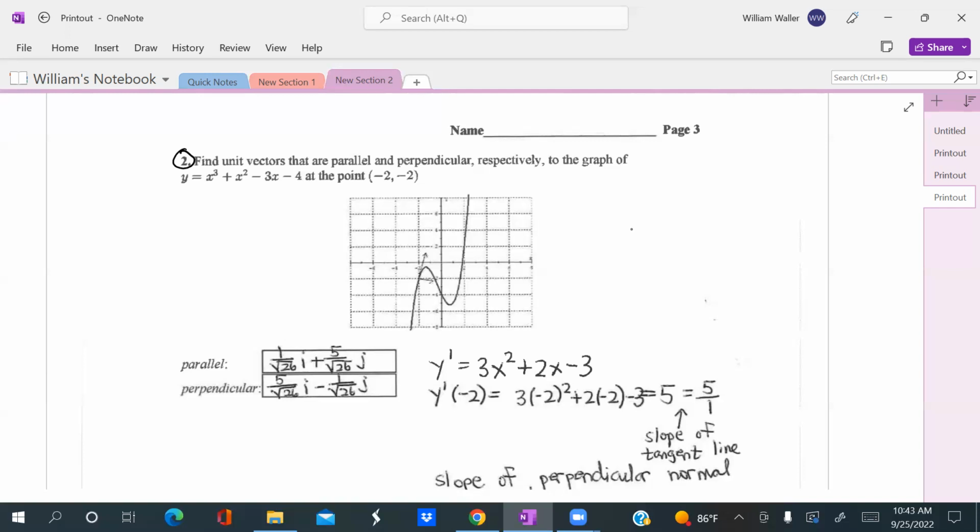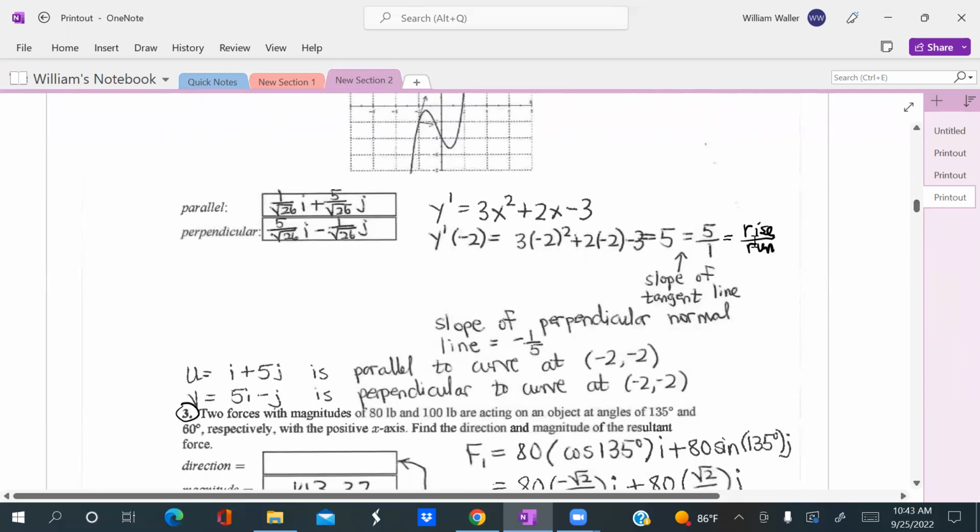Now, we can think of this value 5 as being 5 divided by 1, and that's rather informative. That tells us that the slope of the tangent line at this point has a rise of 5 when you have a run of 1. Go back to the very basic definition of slope as rise over run.